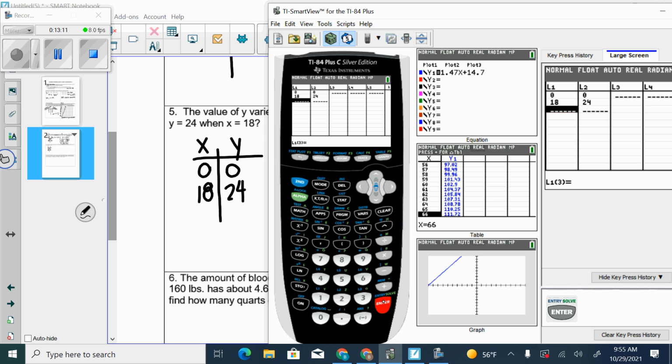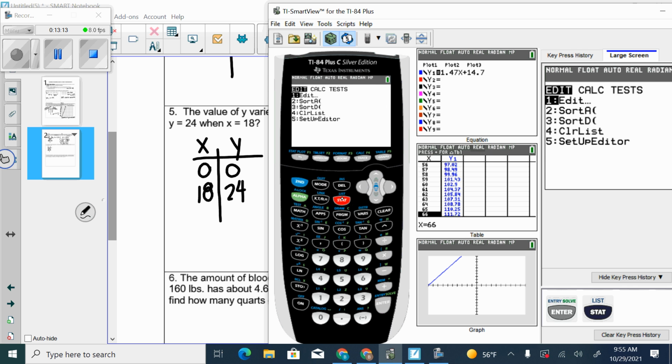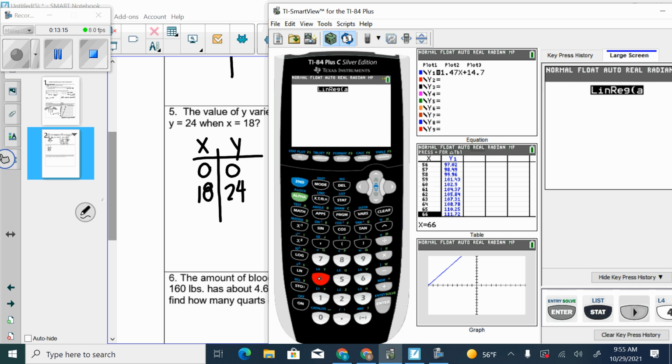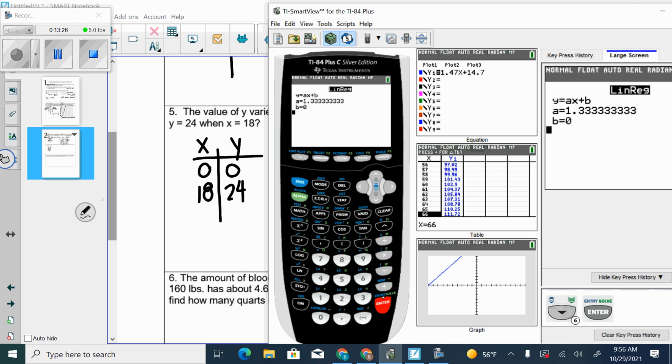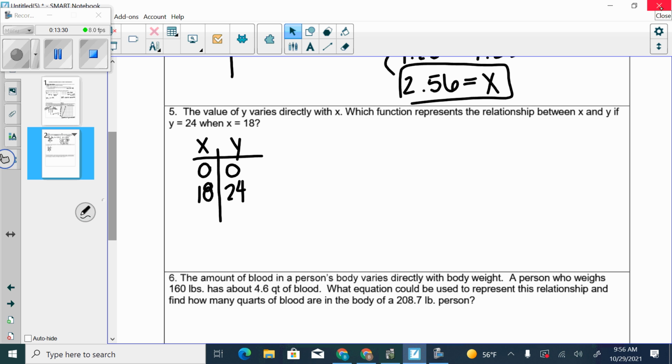So once we get those fixed, we go to Stat, Calc 4, and then go down to Calculate and press Enter. Alright, so we get 1.3 repeating. So we would have K is equal to 1.333 repeating, keeps going.